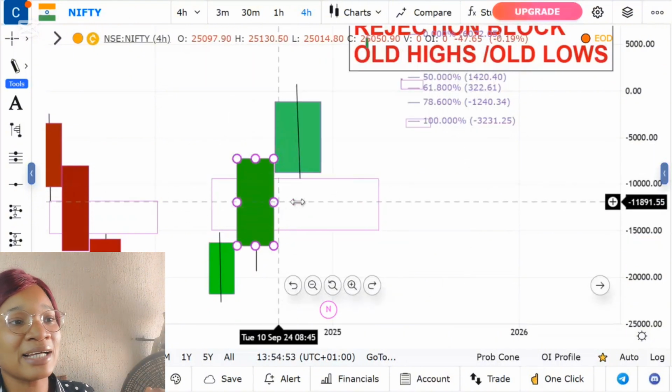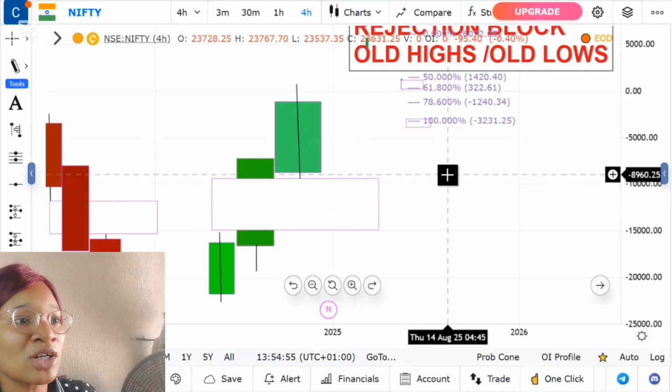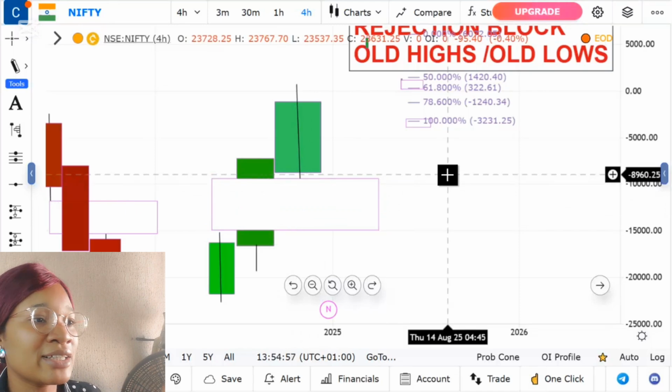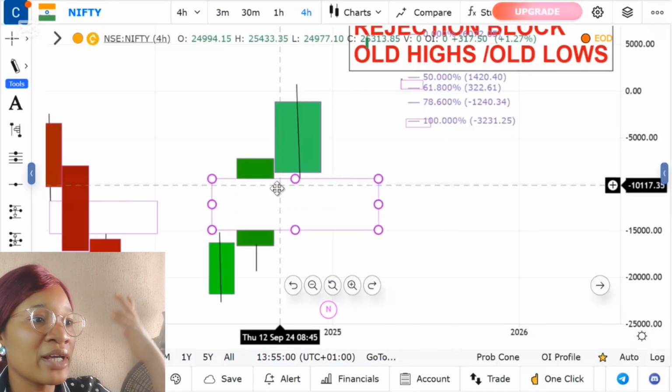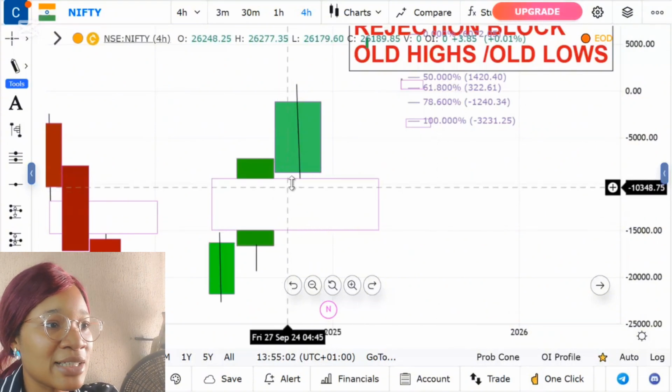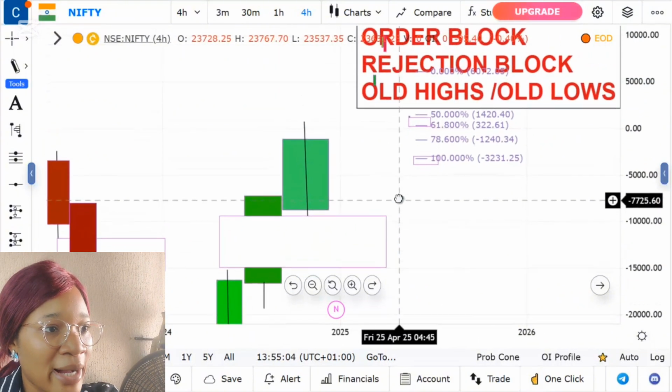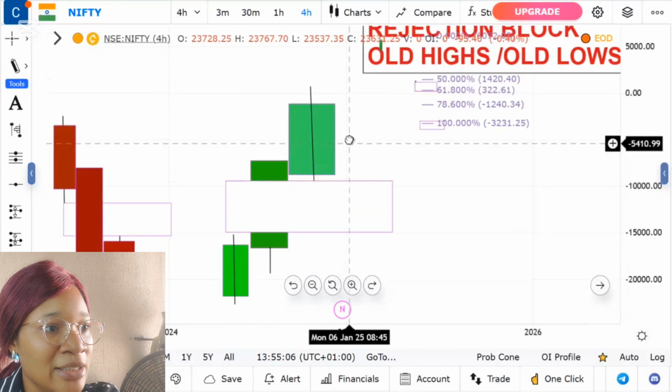It's just an imbalance. Because of how impulsive the movements were, there were imbalances, inefficiencies in the market, and sometimes price will come back, even though this is a buy movement.